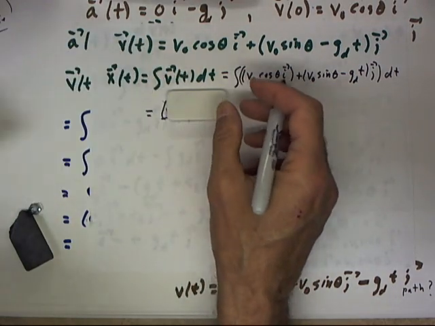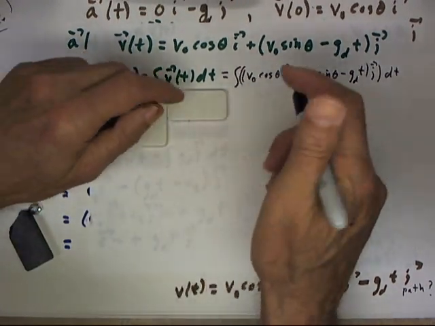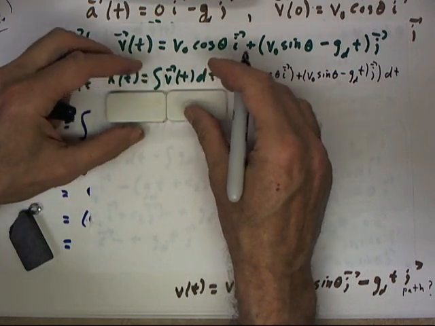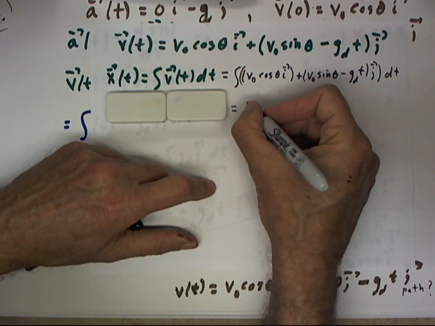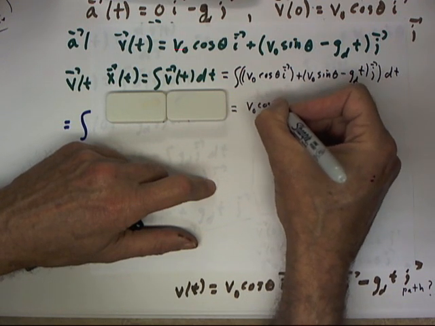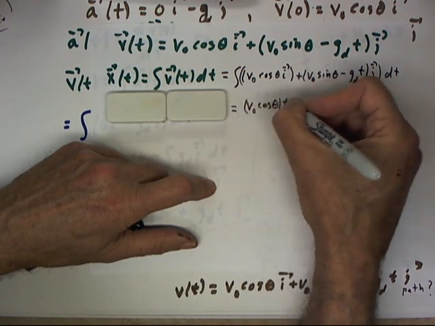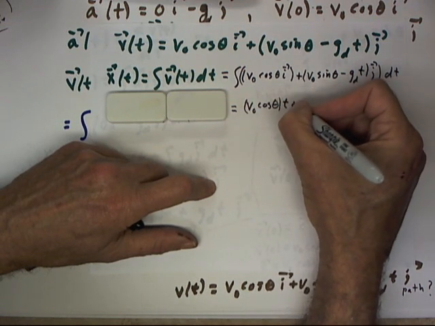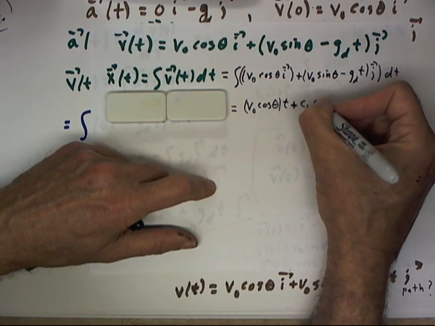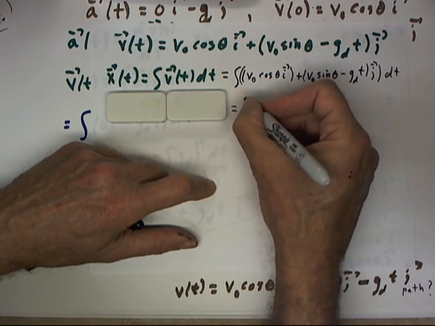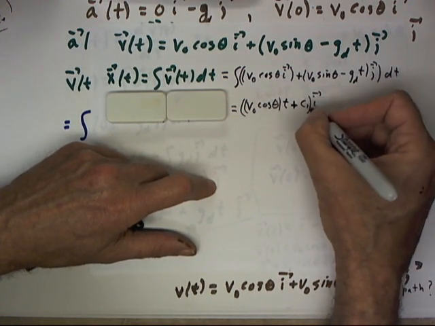This integral is v naught cosine theta, and I left out the cosine theta in my hurry to write the t. So there's our antiderivative with our integration constant.